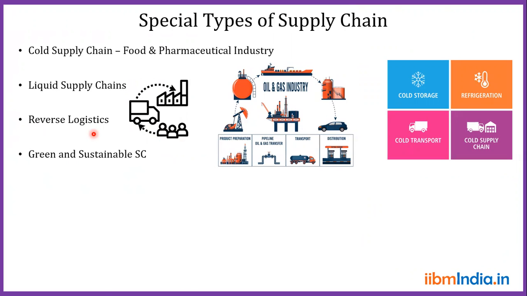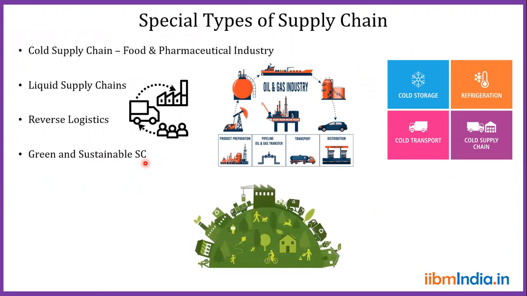Green and sustainable supply chains. Definitely, globally, there is a lot of pressure on every nation and different companies to reduce the emissions, right? And try to make the earth greener, make it more sustainable. And that is how we can make our supply chain one in which the emissions can be reduced.